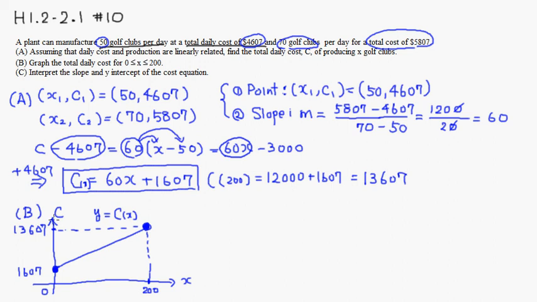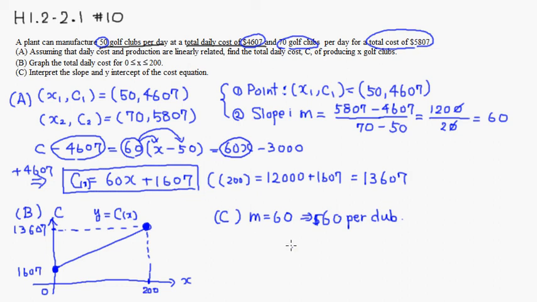That was part B, and part C is to interpret the slope and the y-intercept. You can see that the slope, m, equals 60. This means it's going to cost $60 per club. So it's the cost per club.